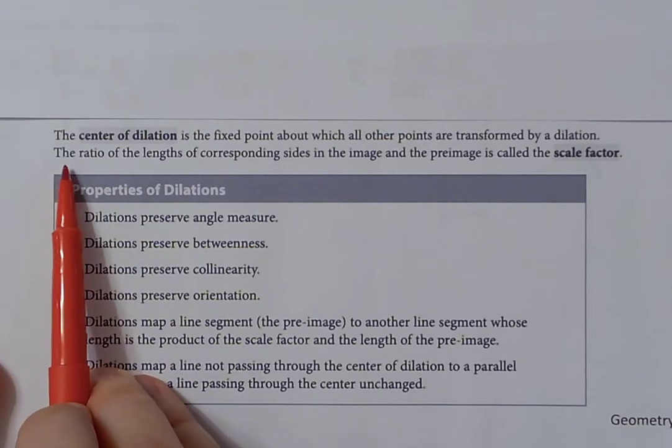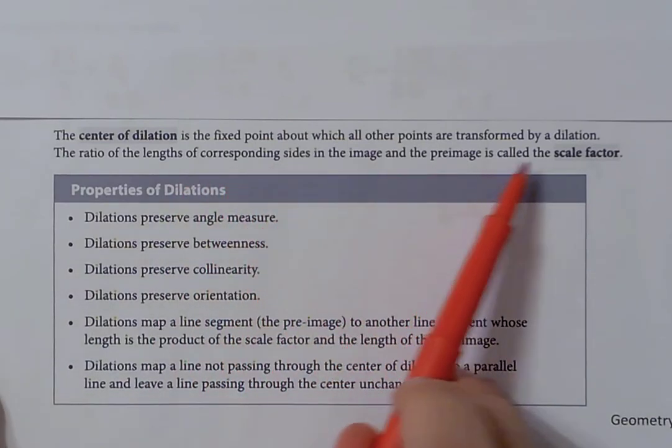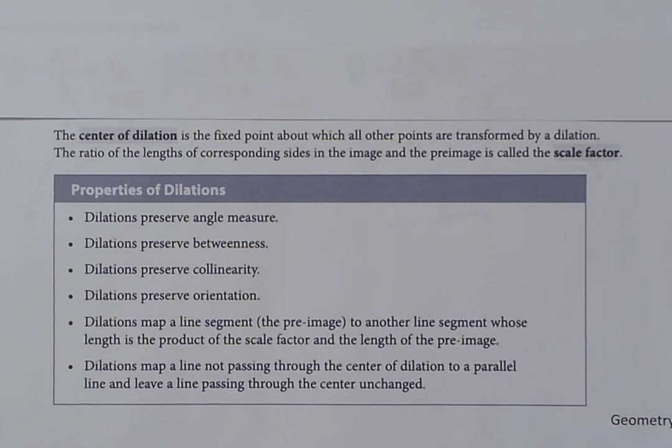Now the ratio of the lengths of corresponding sides in the image and the pre-image is called a scale factor. So that 0.5 or that 1/2 is our scale factor. It's that ratio of lengths that takes the image, the prime, over the original, the pre-image, the non-prime.